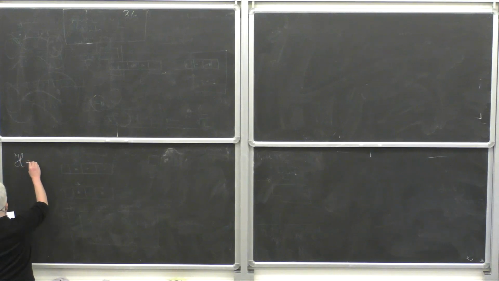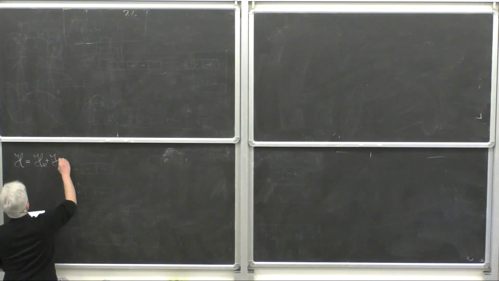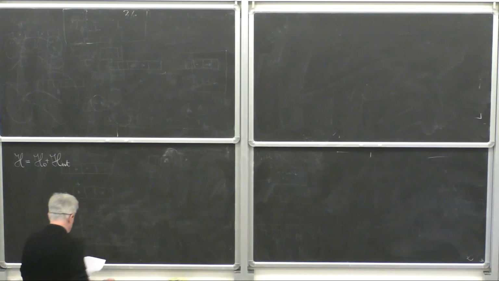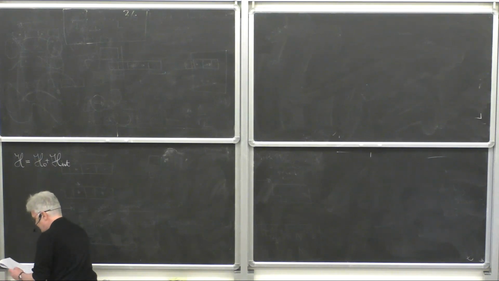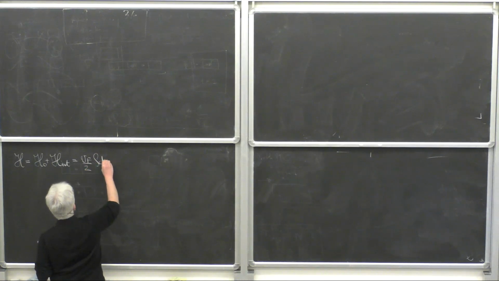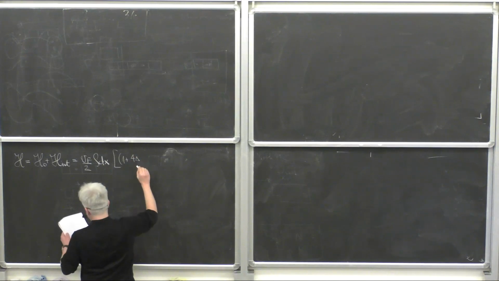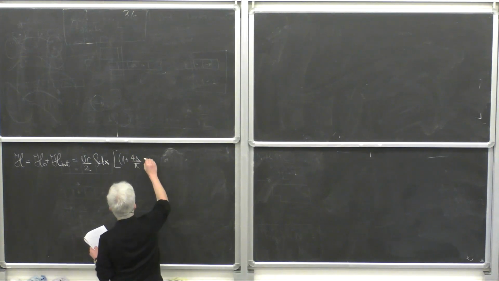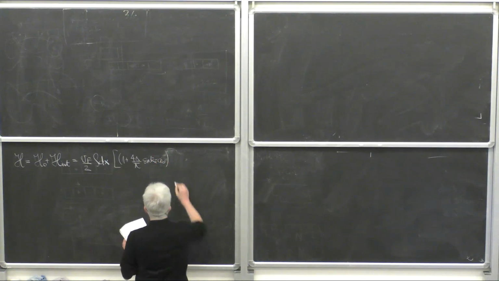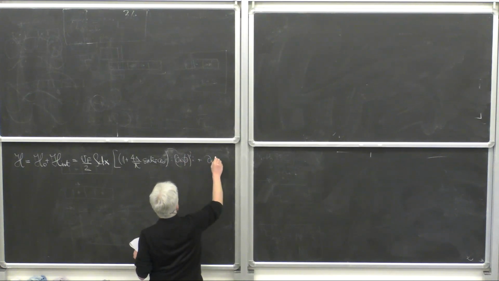Yesterday we got as far as writing down this bosonized form of the interacting fermion Hamiltonian. I'm just going to copy this down. So it was Vf over 2 integral dx, now 1 plus 4 delta over pi sine kf a naught, and then we had the dx phi squared plus dx theta squared.